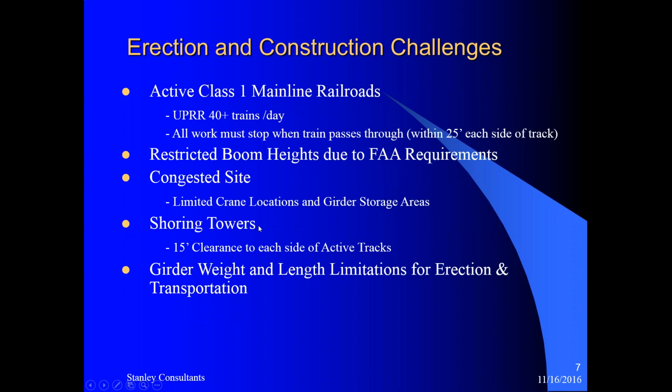Most structures require some shoring towers for stability during construction, and those shoring towers need to be a minimum of 15 feet clear of active tracks on each side. And there are girder weight and length limitations for erection and transportation.